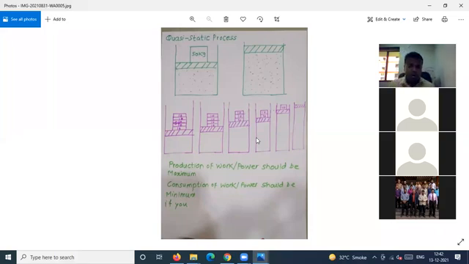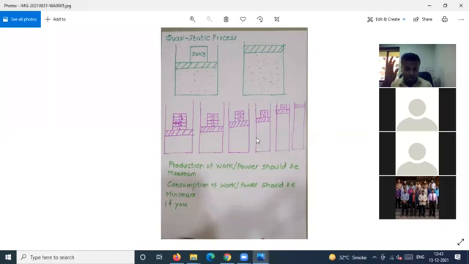If you want me to define the quasi-static process, the definition is: when the process proceeds in such a manner that the system remains infinitesimally close to an equilibrium position, then such a process is called a quasi-static process. In a quasi-static process there will not be any traces, either in the system or in the surroundings.